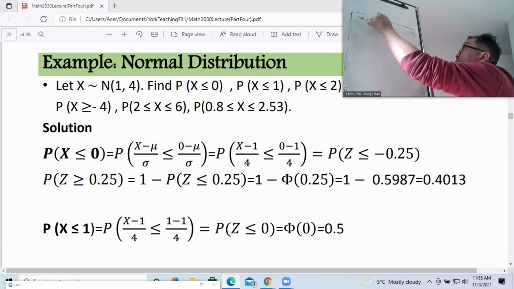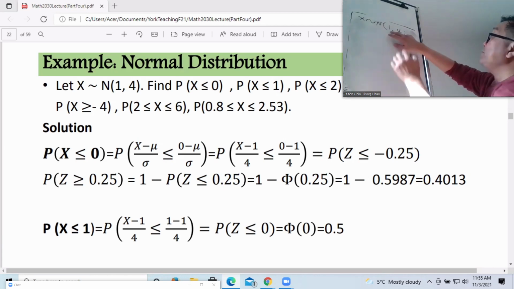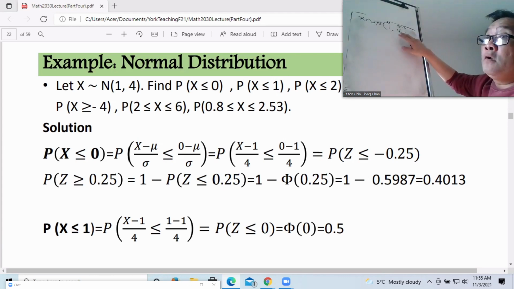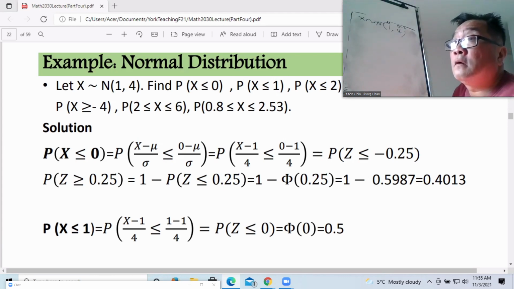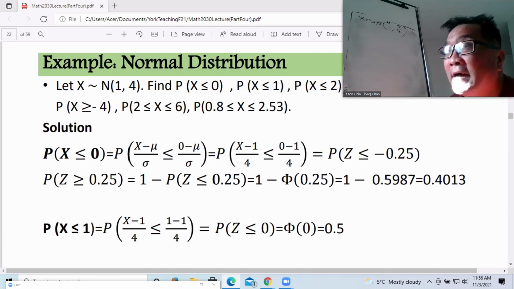X is normal with 1 and 4. Okay, so this is the mean, this is the variance. Oh, you asked me another question. Let me see. 1 minus... Yes, I agree with you.